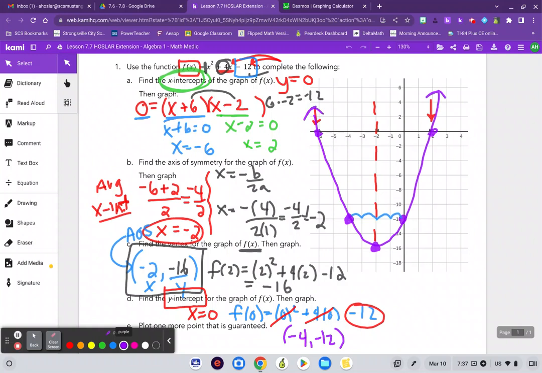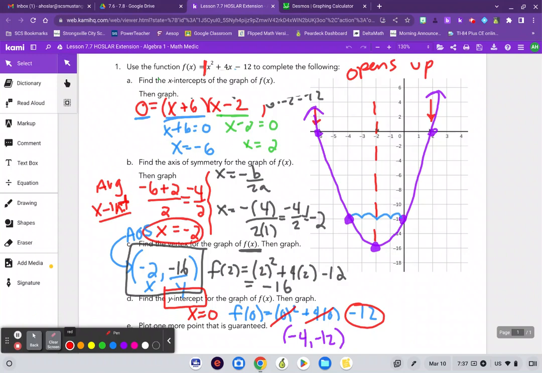The one other thing I want to say is, erase this up here. I got a lot of mess up here. The one other thing that I want to say is that I know this is going to open up, and I know it's going to open up because this a value is positive. So way long time ago when we talked about transformations, we said that if the leading term, that a value, is negative, it gets to open down.